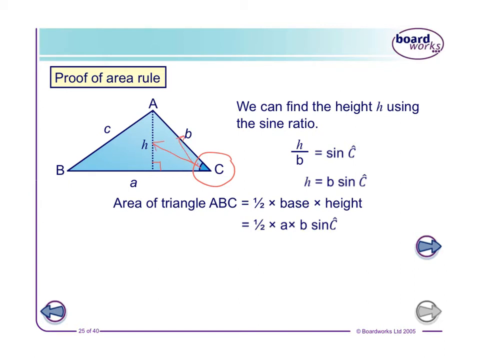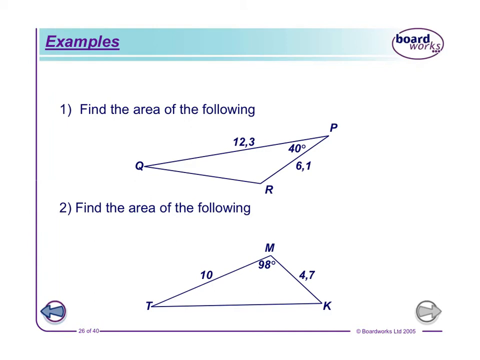That is going to be sine of C is h over b. So get h by itself by multiplying the b across. And so using our previous rule, half base times height. What's our base here? Our base is a. What's our height? It's represented by b sine C. So that is the proof of the area rule. That's very straightforward.